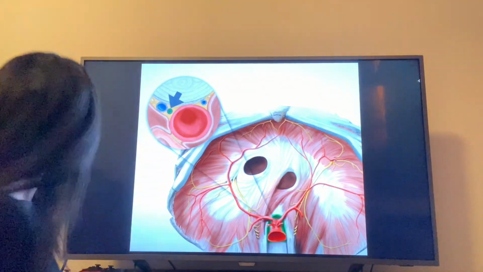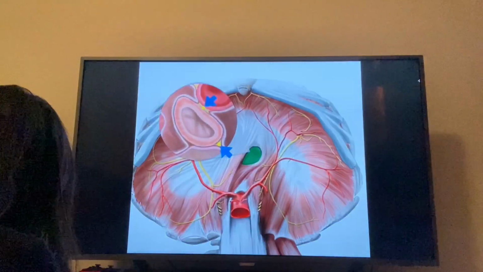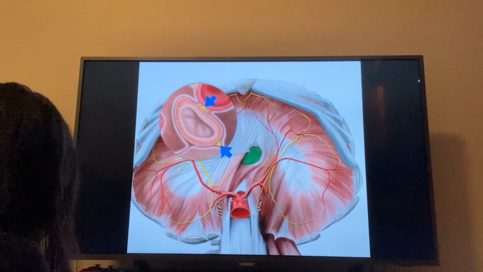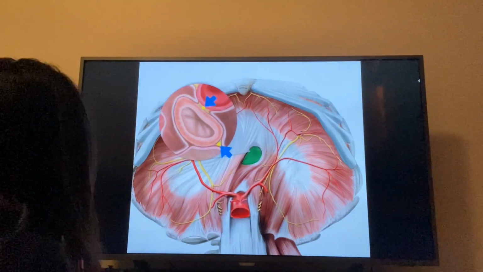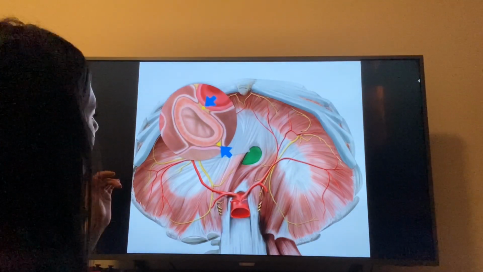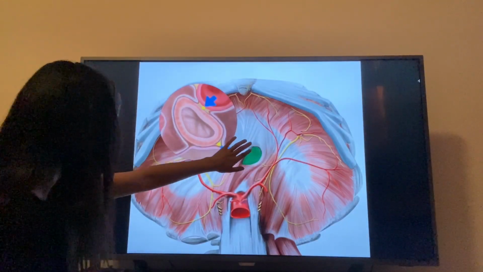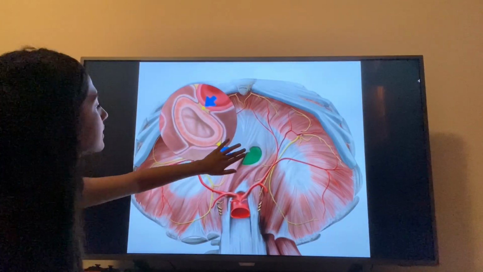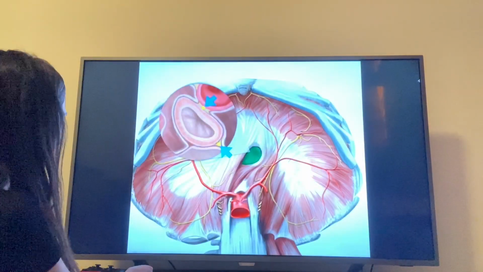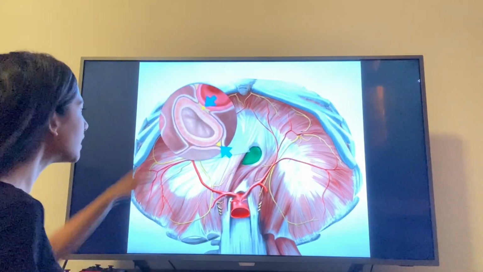And then, moving on to the next picture, is the esophageal hiatus. The esophageal hiatus is located at the level of the T10 vertebra.